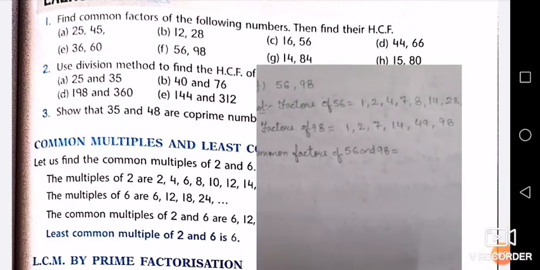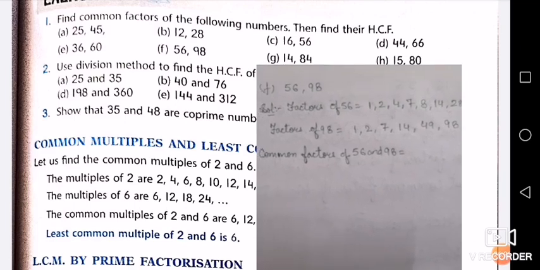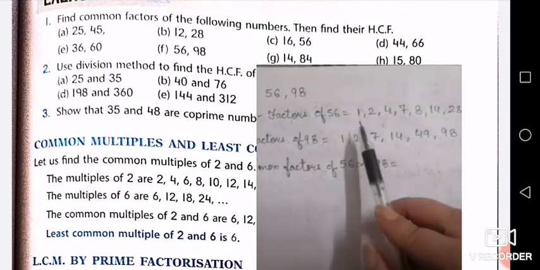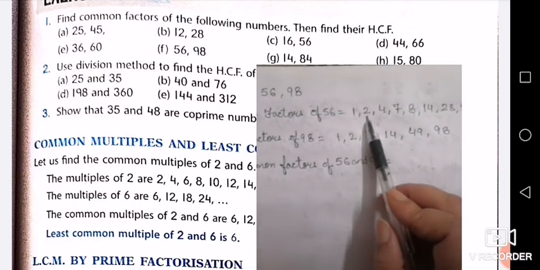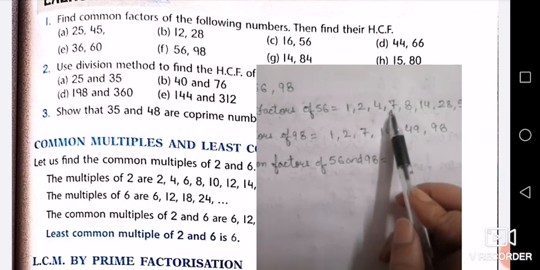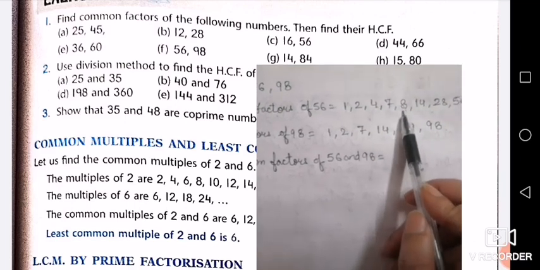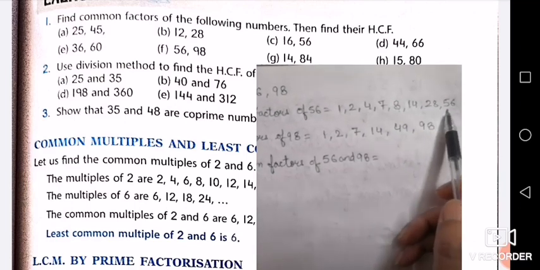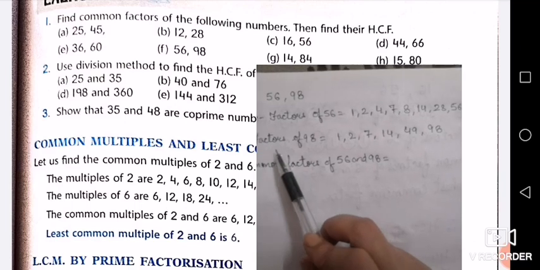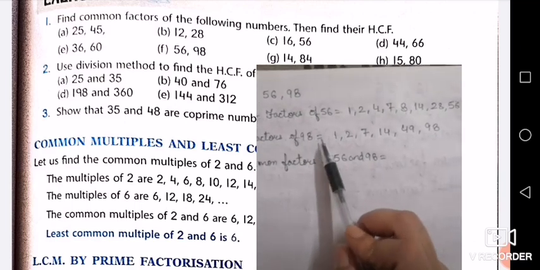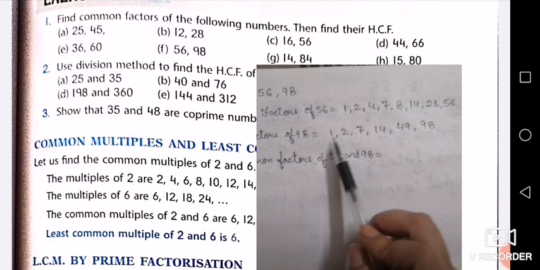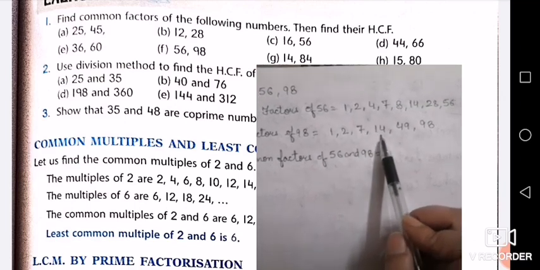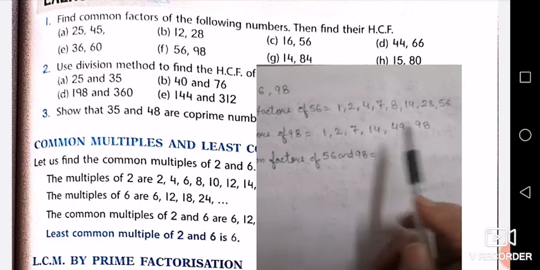Let's start our F part, that is 56 and 98. First of all we will write the factors of 56: 1, 2, 4, 7, 8, 14, 28 and 56. Now the factors of 98: 1, 2, 7, 14, 49 and 98.